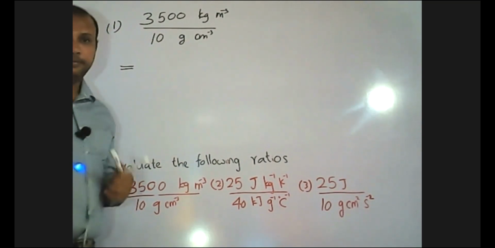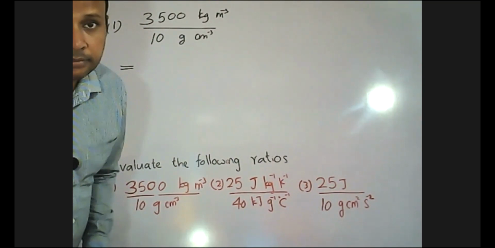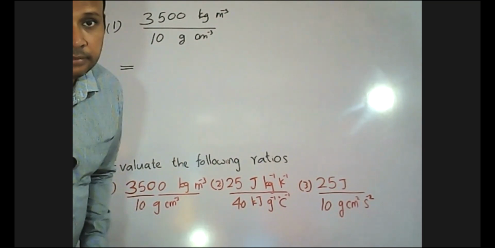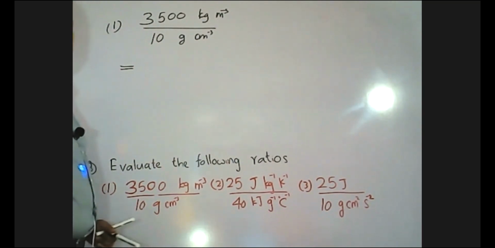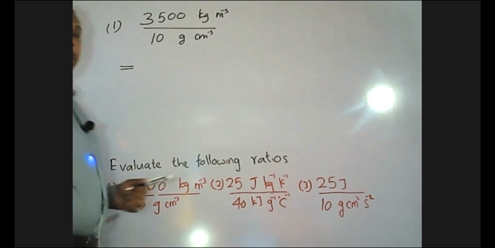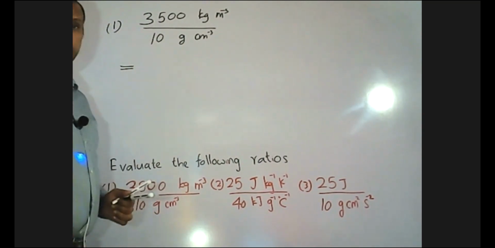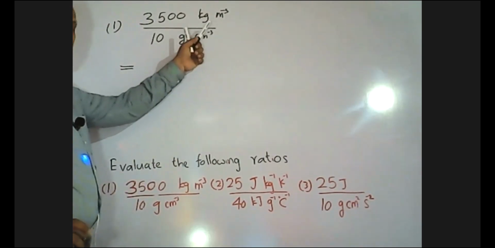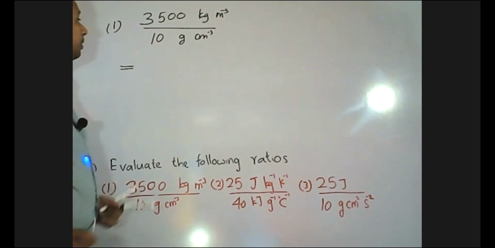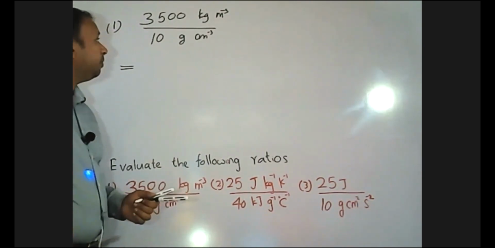Actually, you don't want to convert. Now you can convert kilogram per cubic meter into gram per cubic centimeter.